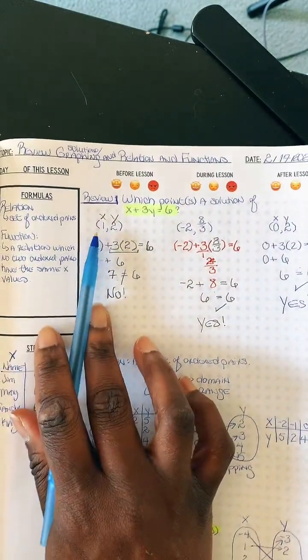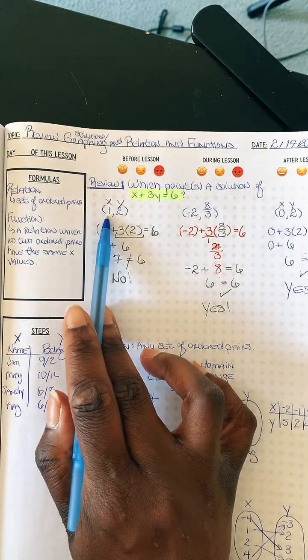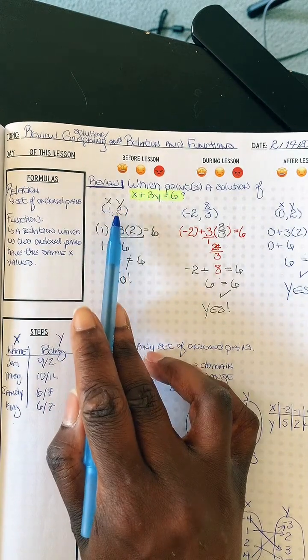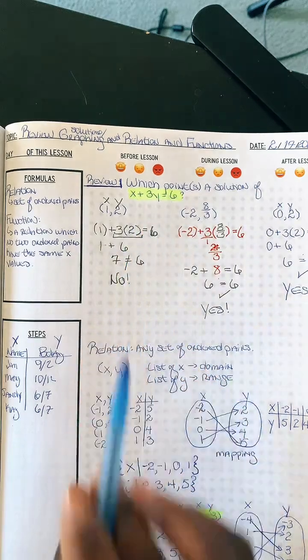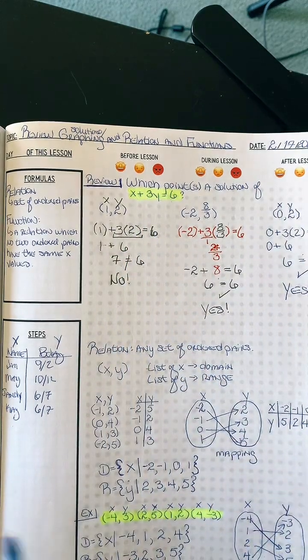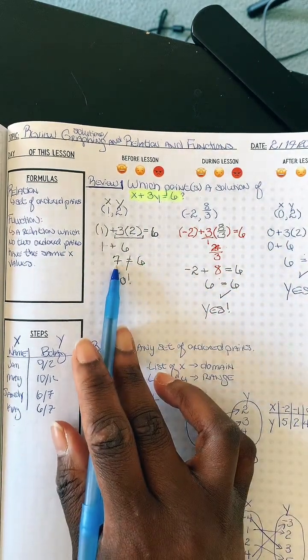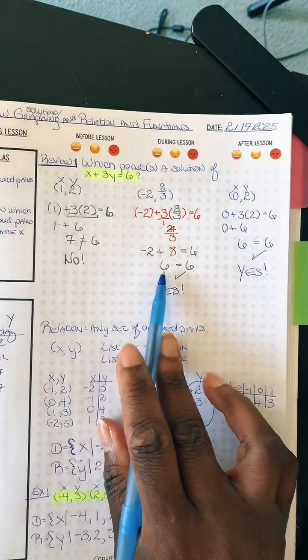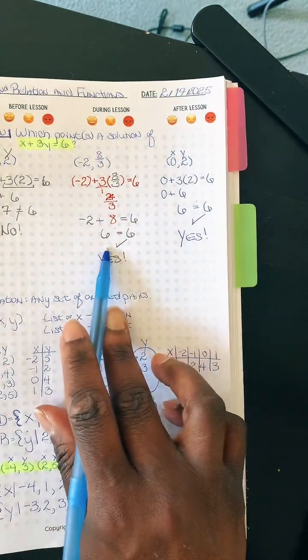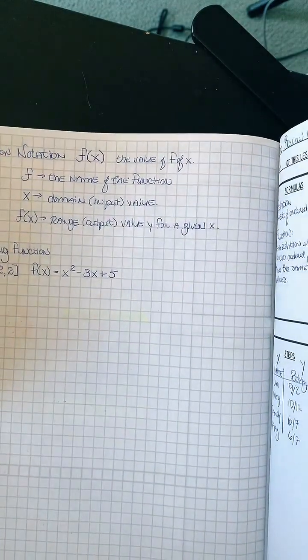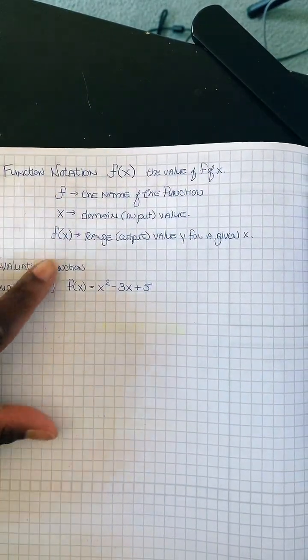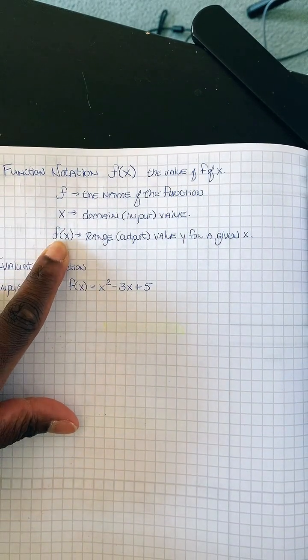I'm going to flip over for a second. Just like what we did here, we input the 1 for the x and the 2 for the y. We're doing the same thing for the functions. And what we get out as an answer, just like how we got 7 for an answer here, that's going to be this whole entire thing, the f of x.